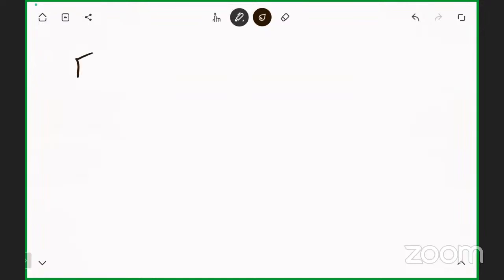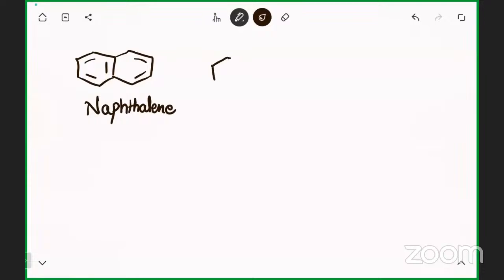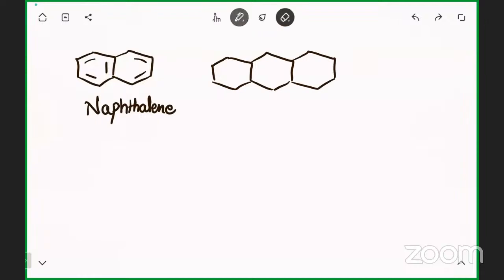Some things you have to remember. When two benzene rings are joined together like this, we name it naphthalene. If three benzene rings are joined together, it is known as anthracene.